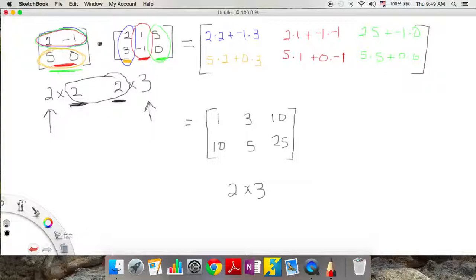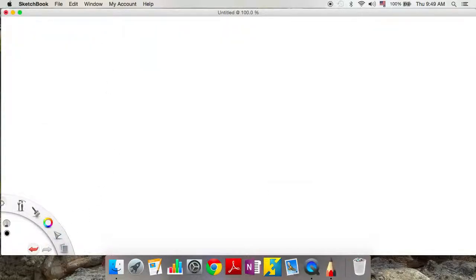Now, if you recall, when we multiply, we also have inverses. So if we have these two numbers, they are multiplicative inverses, and 1 is our multiplicative identity. Now, with matrices, you can also have identities for multiplication.